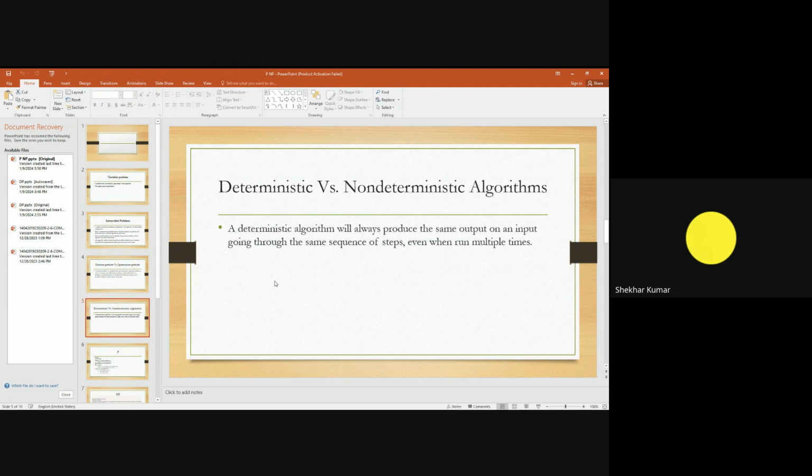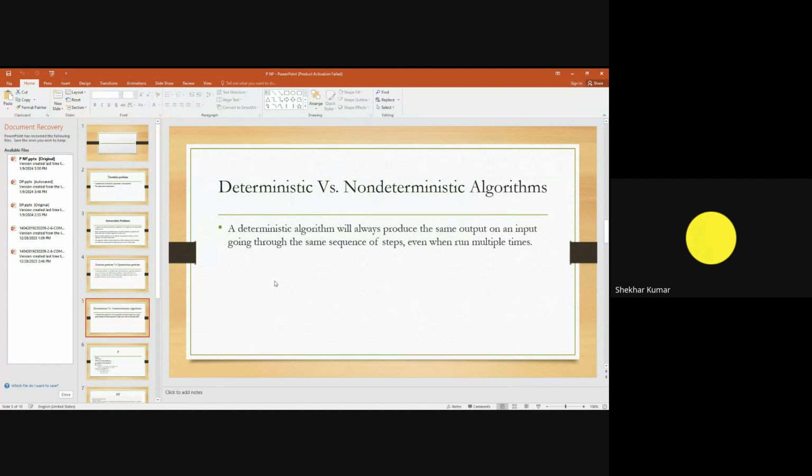Deterministic algorithms can solve the problem in polynomial time, and always have a single outcome: the input given to it always results in the same output.